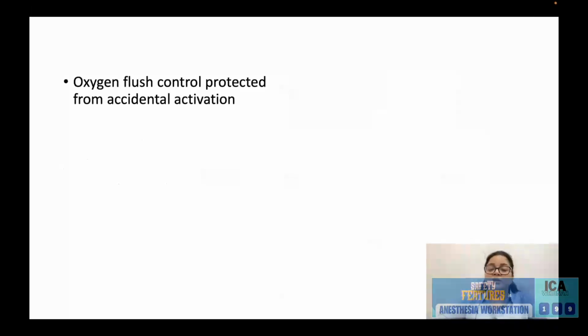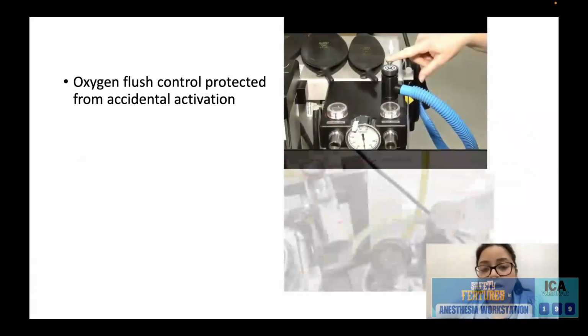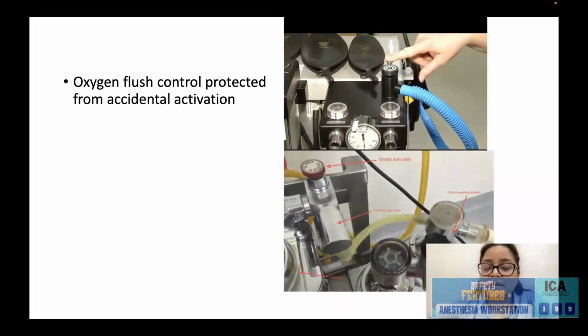Now coming to the oxygen flush valve. This oxygen flush valve provides a very high volume of fresh gas flow and it should be protected from accidental activation. Why is protection from accidental activation important? Because it can result in barotrauma. The protection can be provided either by the placement or by the design of the control.